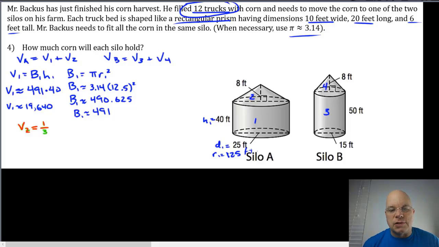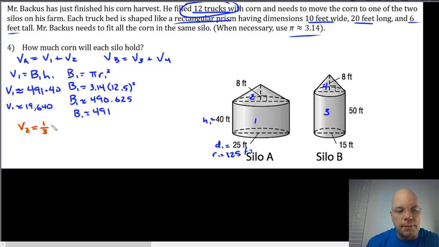It's the same formula as volume of a cylinder, except you have to multiply by 1/3. If you compare a cone and a cylinder with the same height and the same circular base, the cone will be 1/3 the volume of the cylinder.